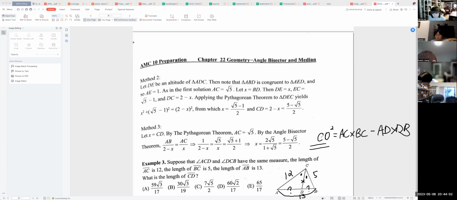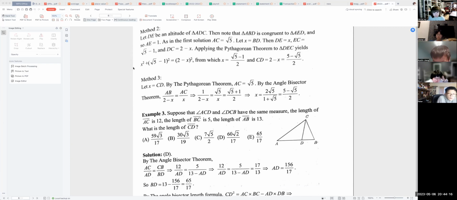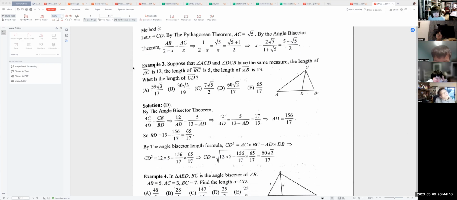Okay, so if you know how to do this one, we're gonna move on. Do you understand, everybody? So it's just a formula, okay? Yeah, so let's move on to example number 4.